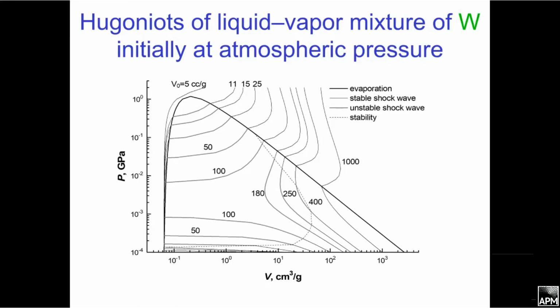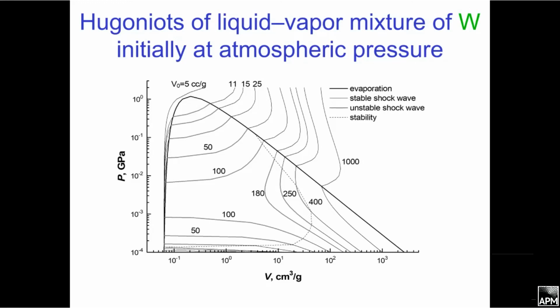Lines correspond to shock adiabats where the initial state of the material is inside this binodal line.